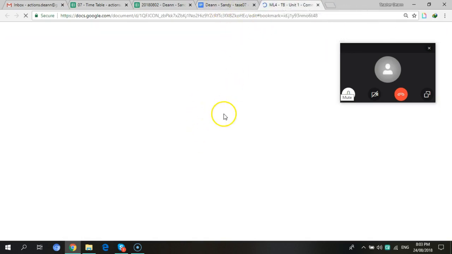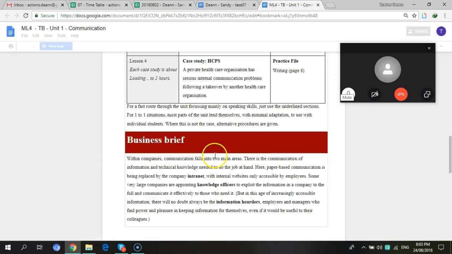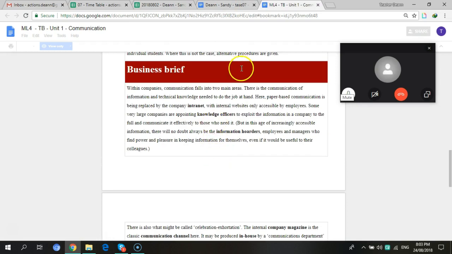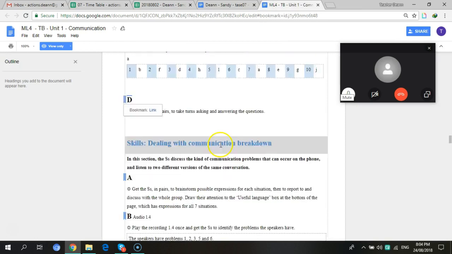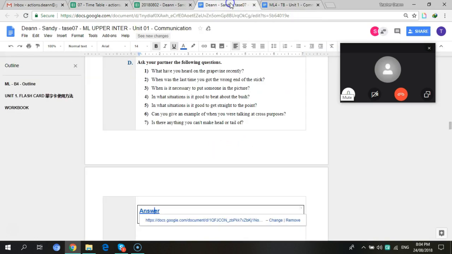What have you heard on the grapevine recently? So I heard that there is a visitor coming. Okay, so how about number 2? When was the last time you got the wrong end of the stick?